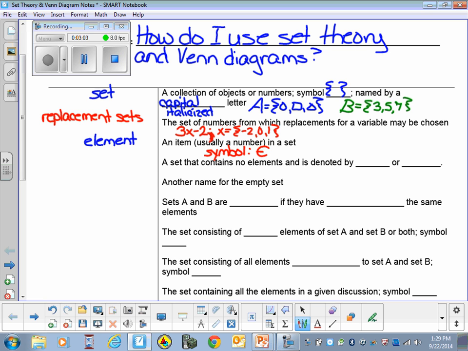The symbol looks like a capital C with a bar in the middle. Yeah, that's an element symbol. I could say that square is an element of set A, and 5 is an element of set B.